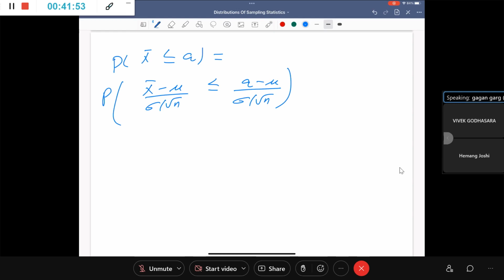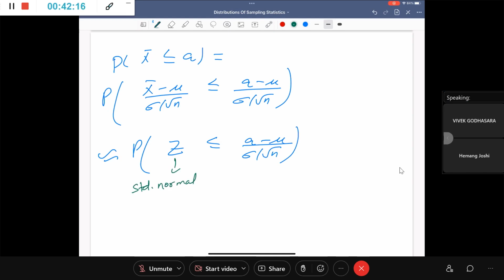What we have done is on both sides of the inequality, we have done a subtraction and a division. And then we say that, okay, this first part is approximately standard normal. We get (A minus mu) by (sigma by root n) over here. That is standard normal. So it is common to use Z to represent the standard normal distribution. In fact, almost a norm.